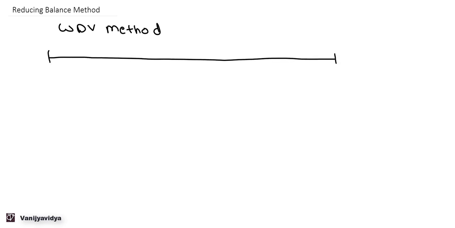Reducing balance method. Reducing balance method, also known as written down value method. So here we assume that the utility of the asset goes on decreasing as and when it is used.